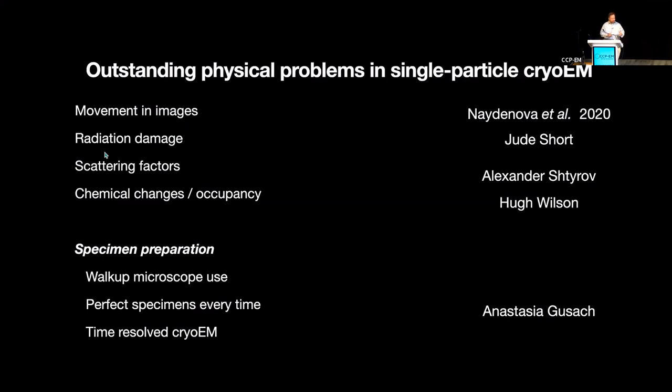So even the beautiful, extremely high resolution maps of apoferritin that Hua showed and Holger and Shores and others have done, they all have radiation damage artifacts in them. I'm absolutely certain of this. And we need to deal with that, but you can't deal with that until you deal with the movement in the images.